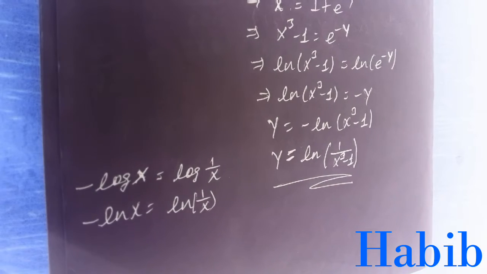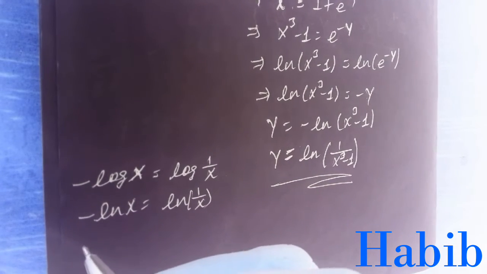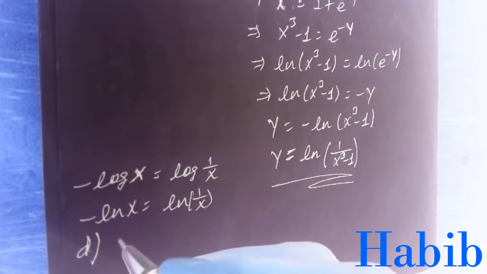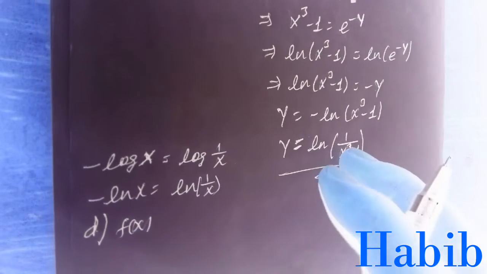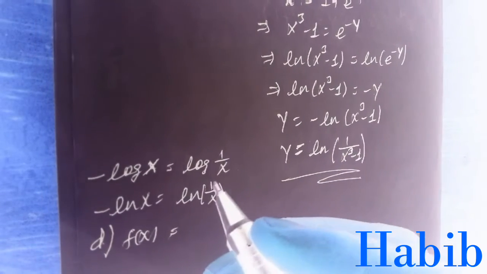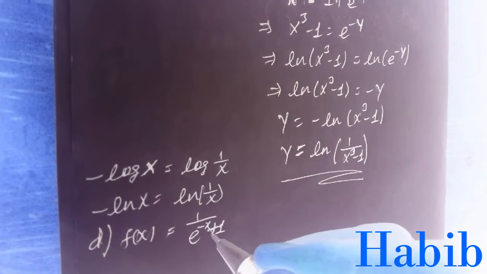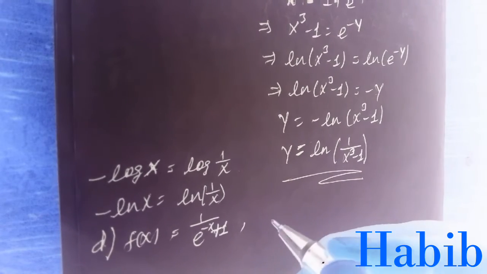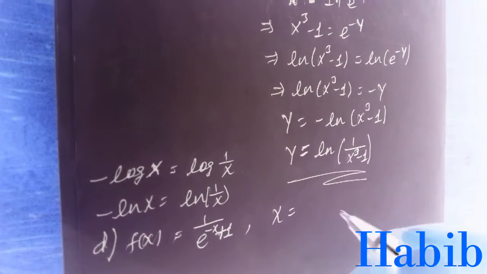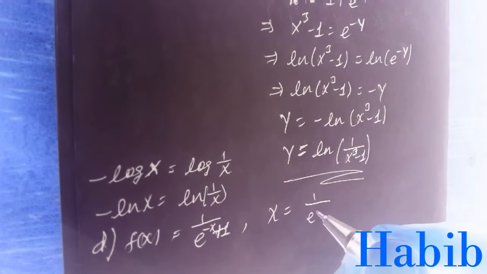The fourth example is f of x equals 1 over e raised to minus x plus 1. Find f inverse. Similarly, interchange x and y. Therefore x becomes 1 over e raised to minus y plus 1.